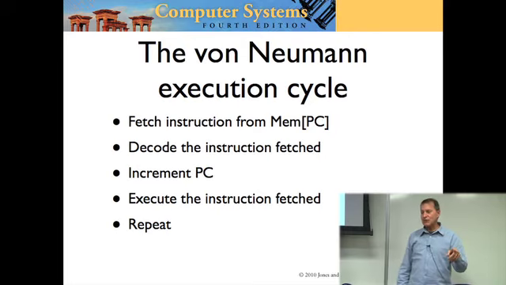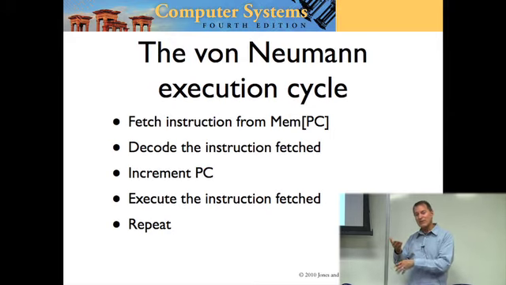You are correct, the answer is no. Because what did we do? We already fetched the instruction, then we incremented the program counter, then we're executing the instruction fetched. So we're not actually executing the instruction that the PC is pointing to, because it's pointing to the one that will be executed next. Are you with me?